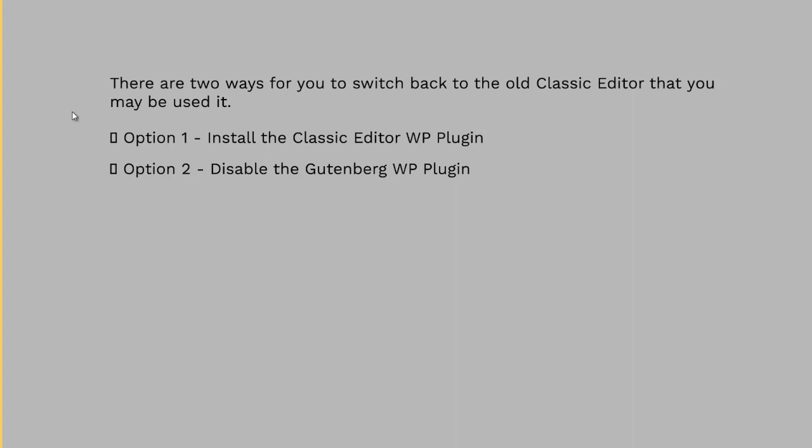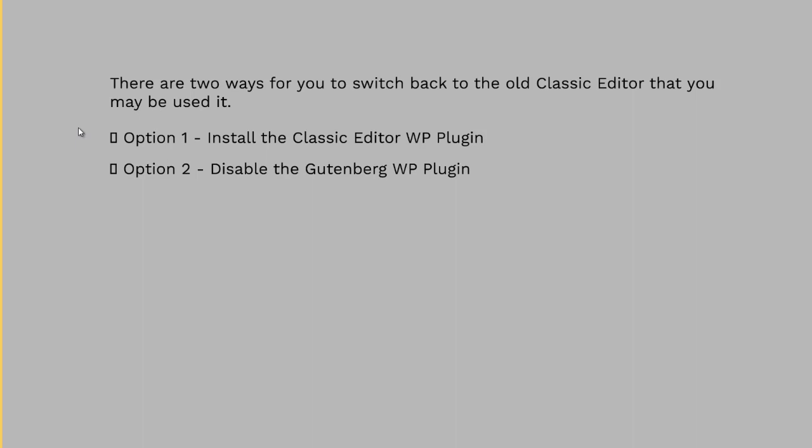Now, bear in mind that option one is what most of you are going to implement. Option two, the reason why I included this was because some of your clients or some websites that might be outdated, that haven't been updated, may be utilizing the Gutenberg WordPress plugin.